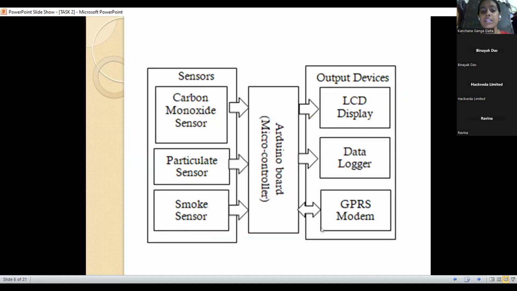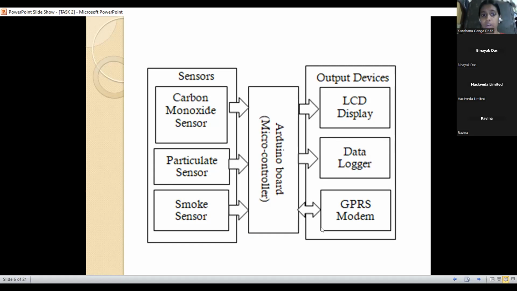Also, we can have a small look at this block diagram, which shows that the Arduino board is important. It's a microcontroller, the main part of the circuit. It helps to receive all the connections from sensors and also the user information system. And inside that, the operation will be performed so that we can have the output displayed on an LCD display or data logger, etc. And we obviously know what sensors are required.